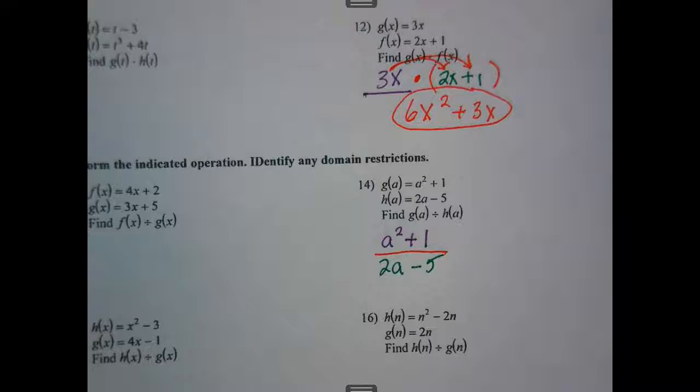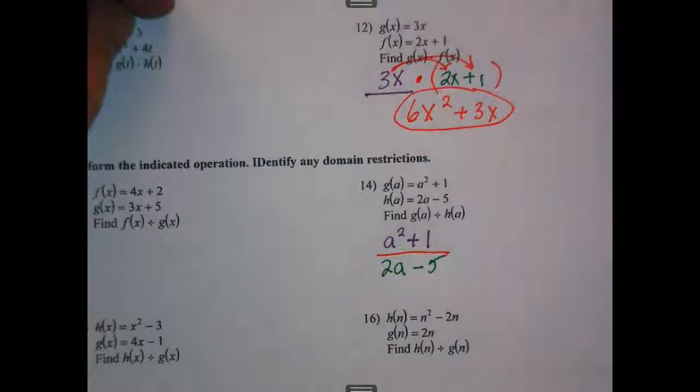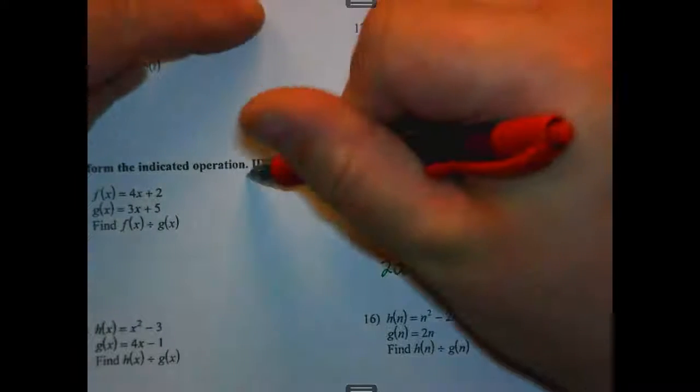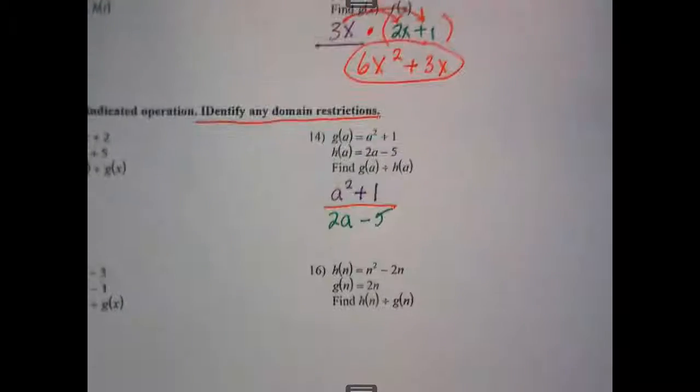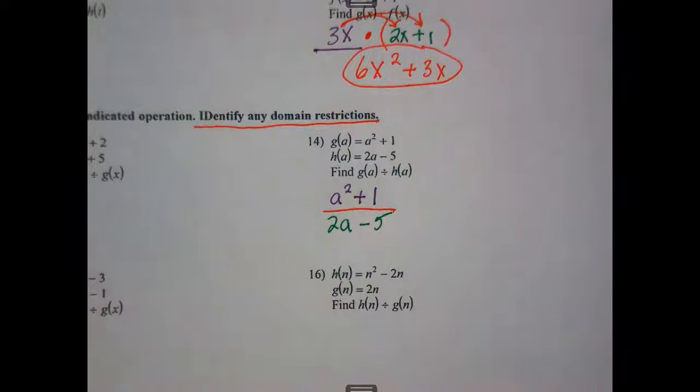Can I simplify this? No. You're correct. I cannot simplify. However, it says identify any domain restrictions. Do I have any domain restrictions? I beg to differ with you. What can't equal 0?